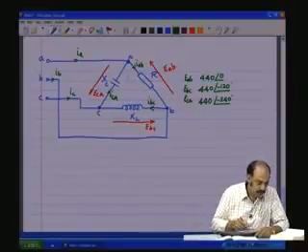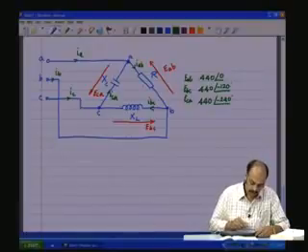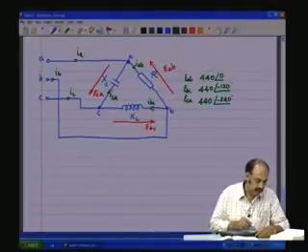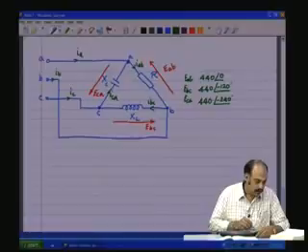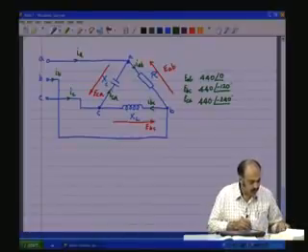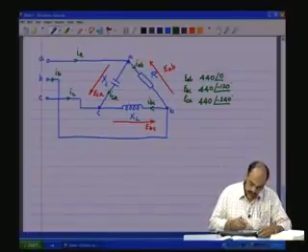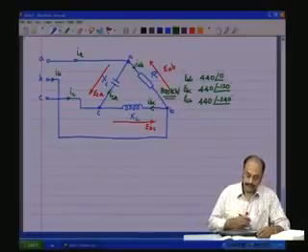And the value of the resistance can be calculated. Let us say we have a system which is being supplied by this, and the single phase load that gets connected between is an 800 kilowatt load, let us say.